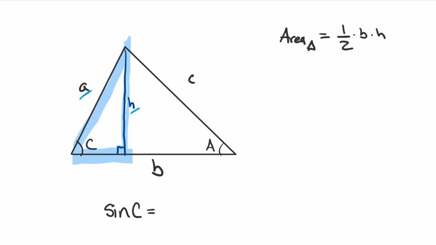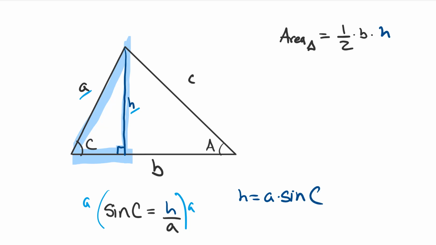H over A. That H that we need over A. We want to get that all by itself, so why don't we just multiply by A on the other side? And we're going to find out that H is equal to A times sine of C.